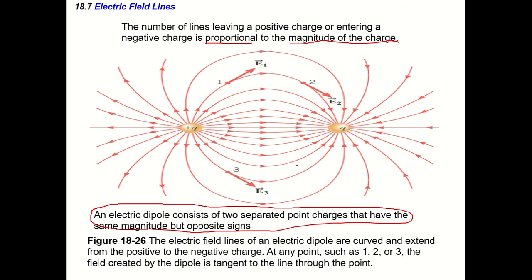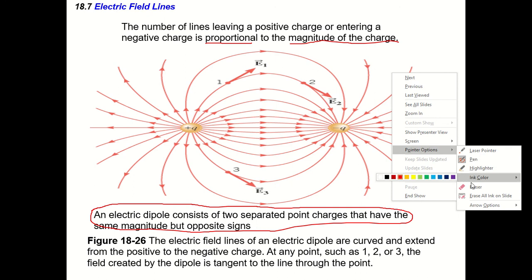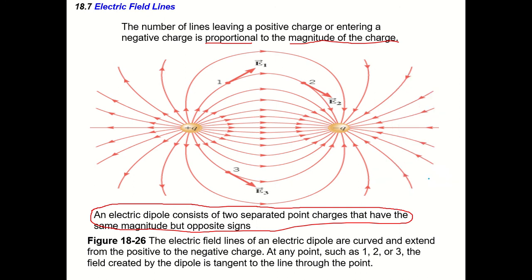So in this picture, the electric field lines of an electric dipole are curved and extended from the positive to the negative charge.